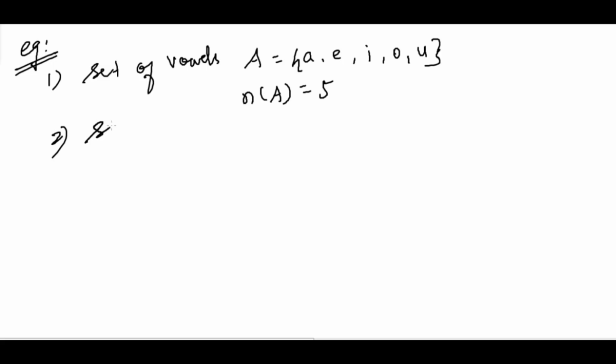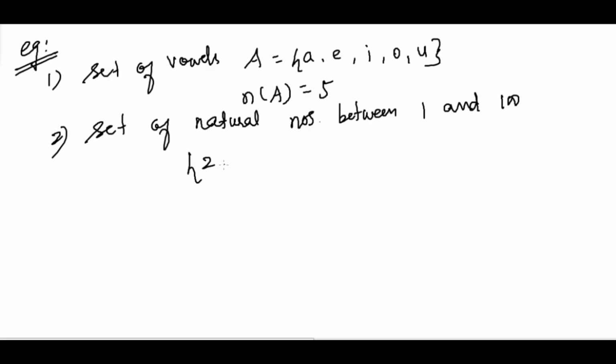Set of natural numbers between 1 and 100: 2, 3, 4, ..., 99. This is also a finite set. We are not able to write all the elements here, so we can write in this form. But the number of elements present in the set is a finite number. So this is a finite set.